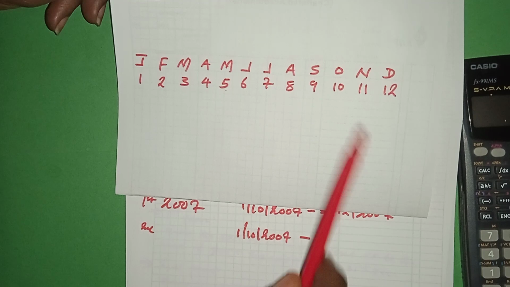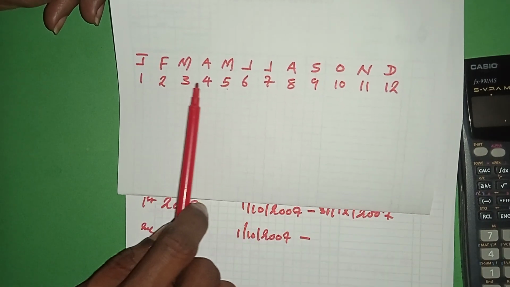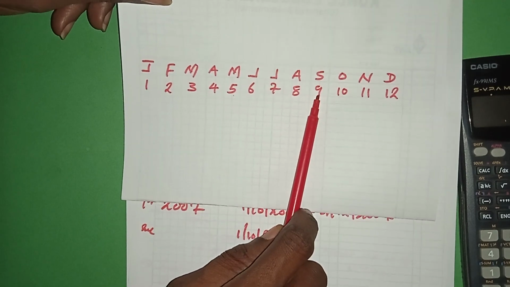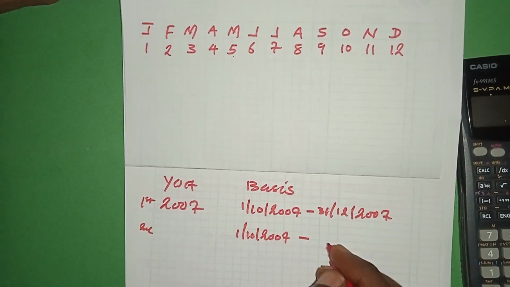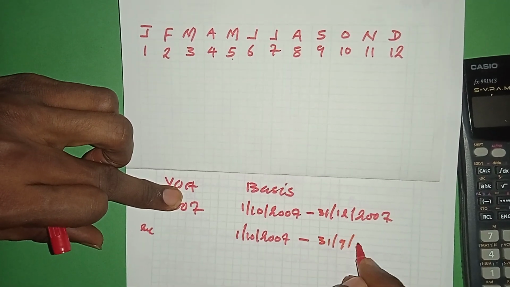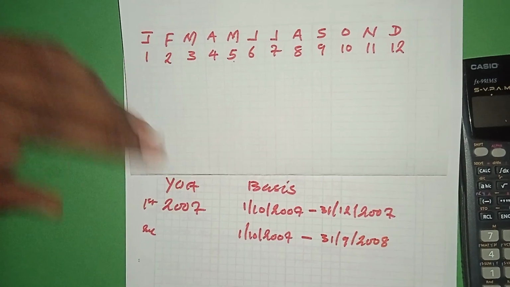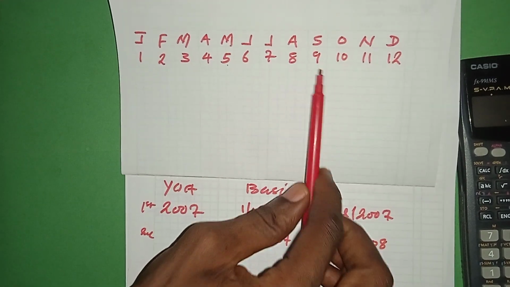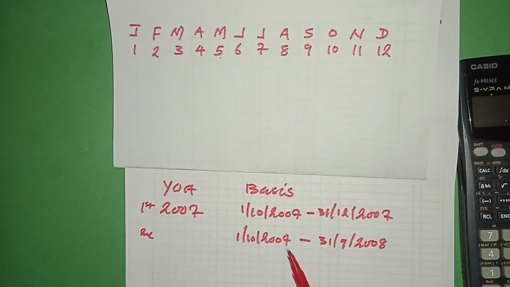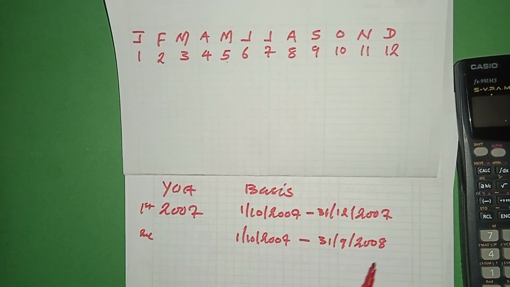Now, let's count. 1, 2, 3, 4, 5, 6, 7, 8, 9, 10, 11, 12. This is the 12th month. September is the 12th month, to give you 31st September 2008. Now, it's entering 28 because from here, October, November, December, 27 has finished. January, February, March of 28. You understand? Why is it 28?